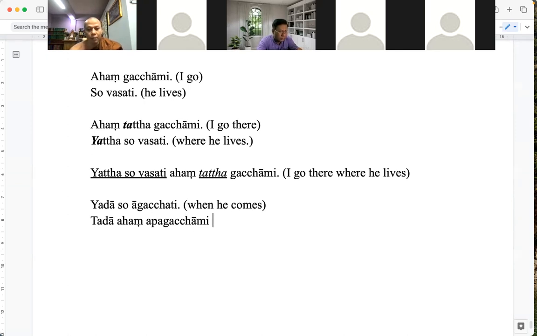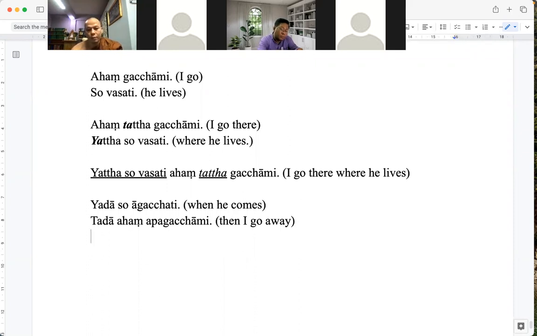Abagachami. So then I go away. So in this way, these lines together, we can.